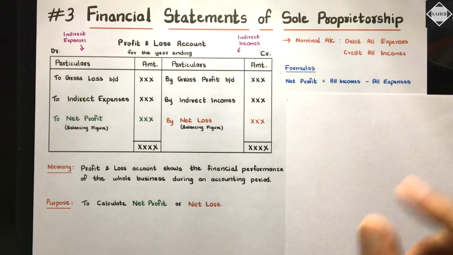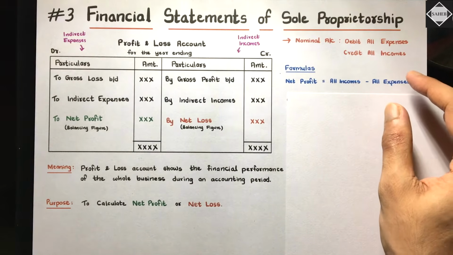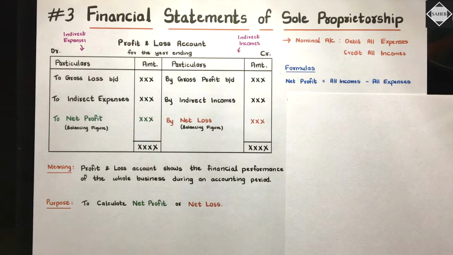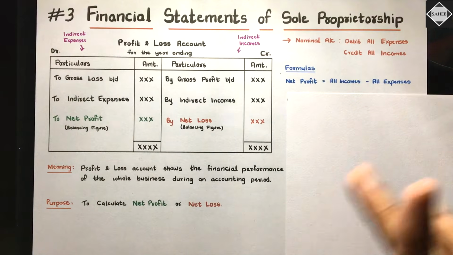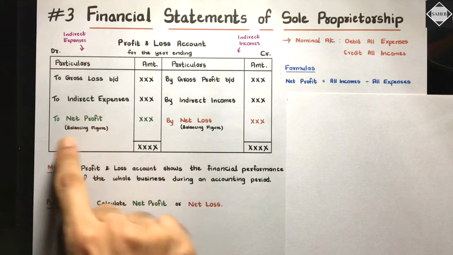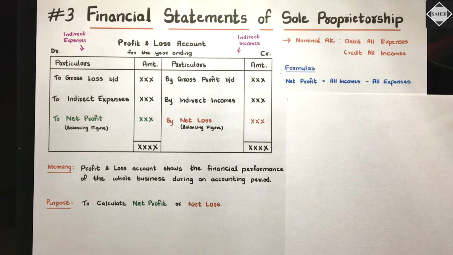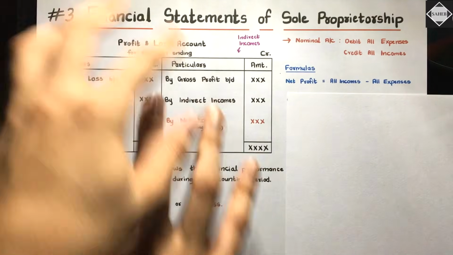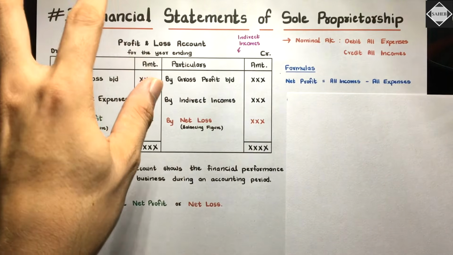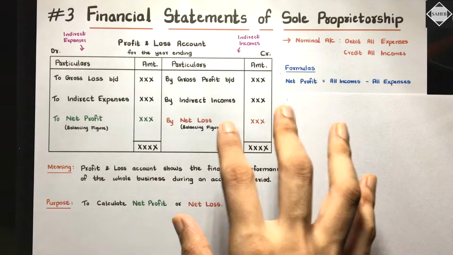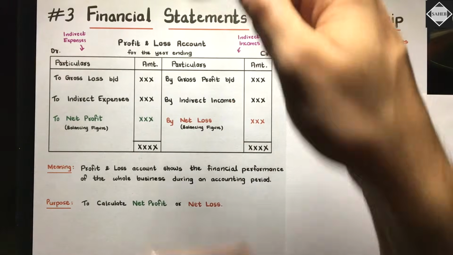You will say, no sir, we haven't taken all incomes and all expenses. We have just taken indirect expenses and indirect incomes. No, it's not like that. Understand properly. To calculate the net profit, we have considered everything, isn't it? It's just the format that you have separate things: trading account separately for direct things and profit and loss for indirect things. But understand, these two things are connected.